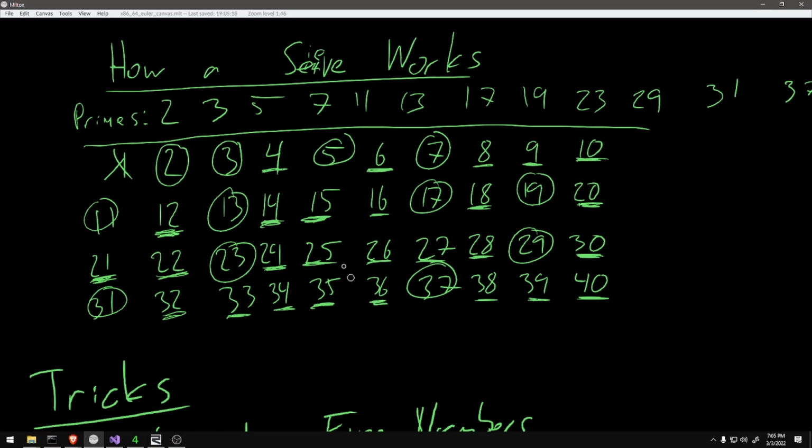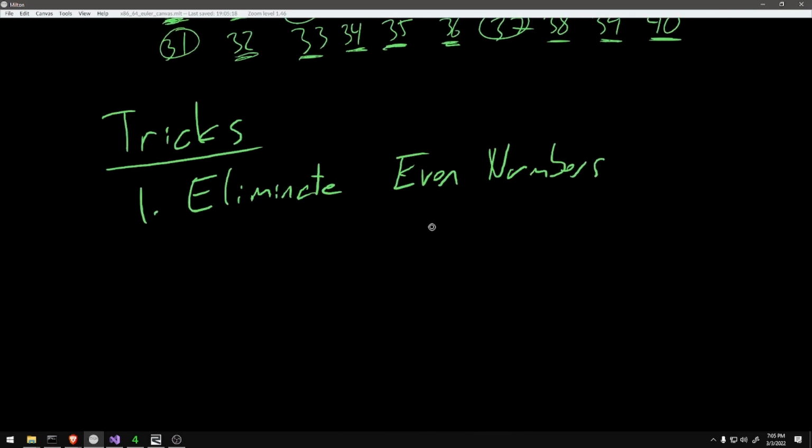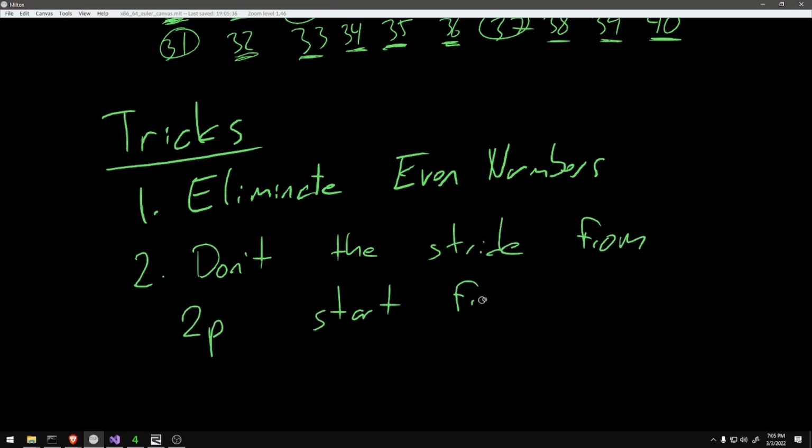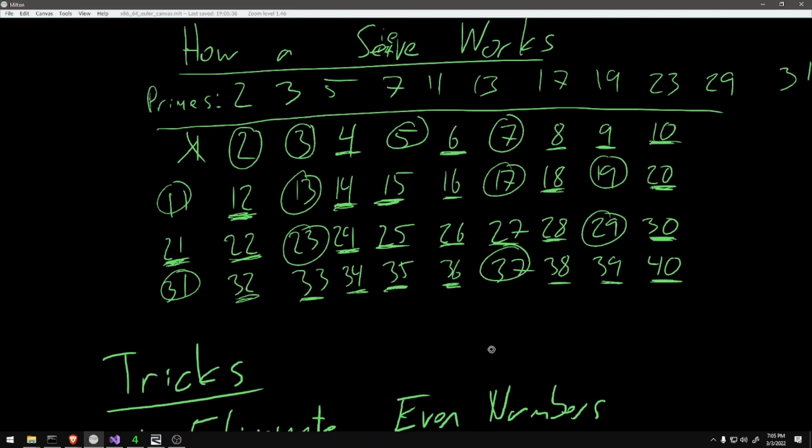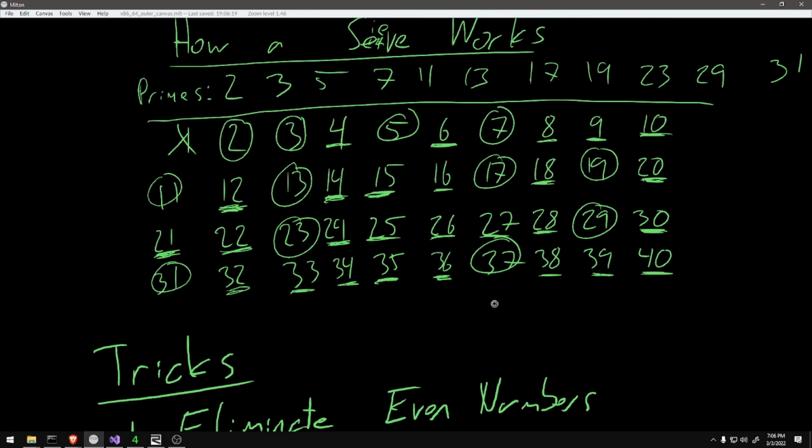And then the other optimization we can apply is that we can actually start the stride much farther ahead than just the next multiple of the prime. So for example, if we have the prime 17, the next multiple of 17 is 34, but we don't actually have to start the stride from there because it turns out 34 will already be marked. Well, 34 won't even be in the table because it's even.